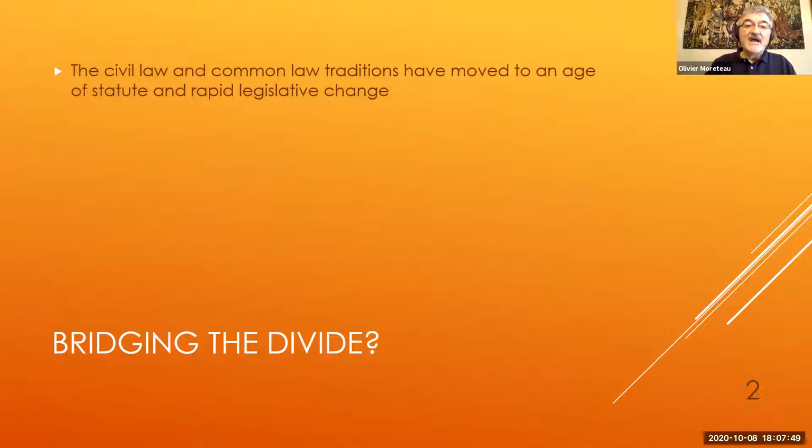Let's see. The civil law and the common law traditions have both moved to an age of statute and rapid legislative change. Legislative change in the civil law can be in updating the civil codes, which give you the general law, but also developing tons of additional statutes or additional codes.